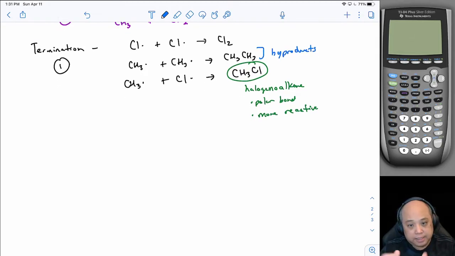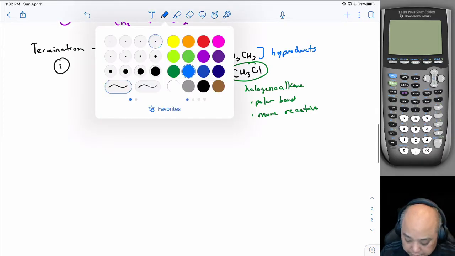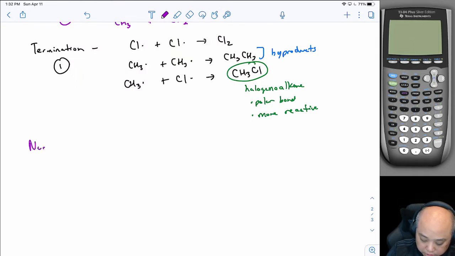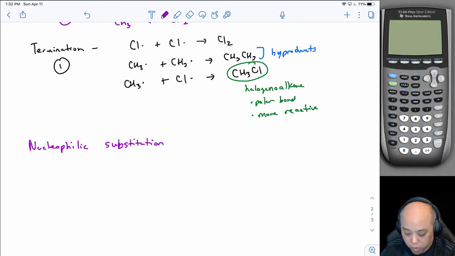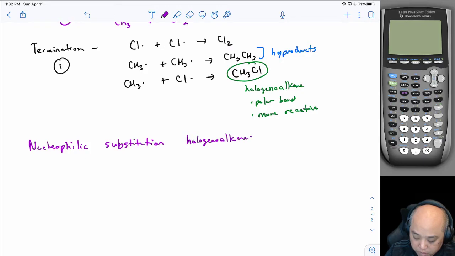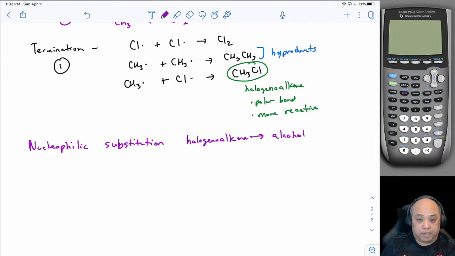The next step of this is taking that halogenoalkane and undergoing a new type of reaction. Okay, and this is called nucleophilic substitution, where you take the halogenoalkane and convert it into an alcohol by substituting the nucleophile.